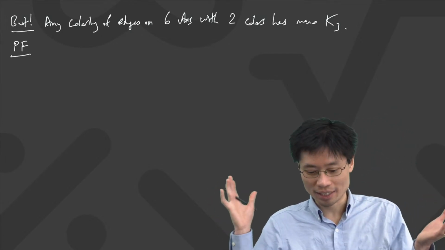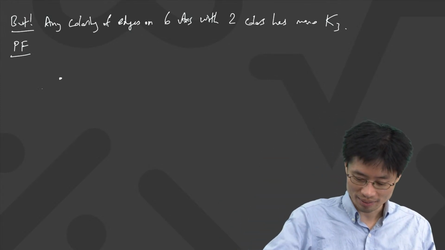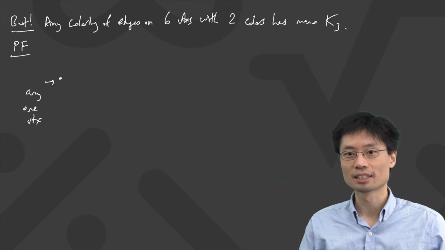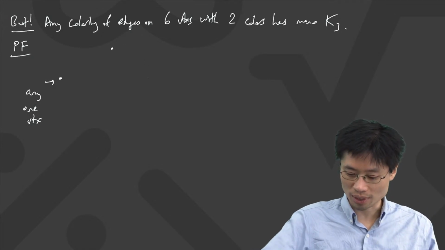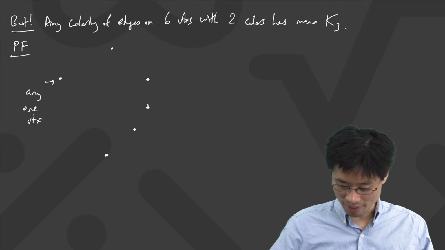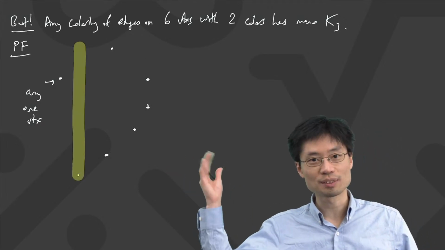Okay, so I have 6 vertices, right? So just pull one aside. Any one vertex. Great. So I've got this one vertex. How many other vertices are out here to look at? There's 5 other vertices to look at. So I've kind of separated off this one vertex from these other 5.